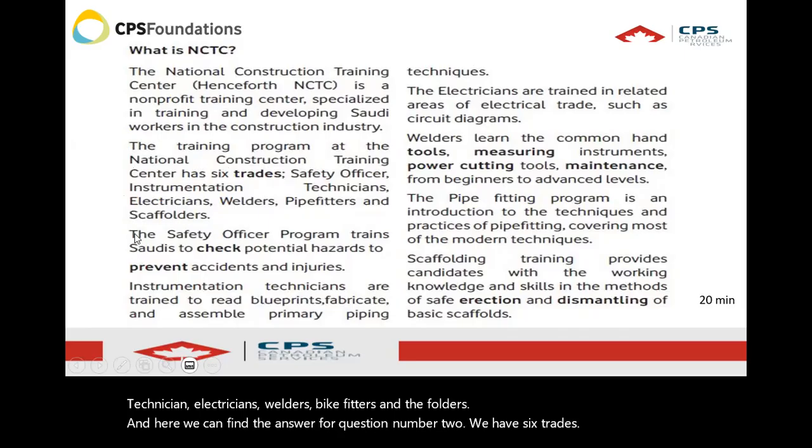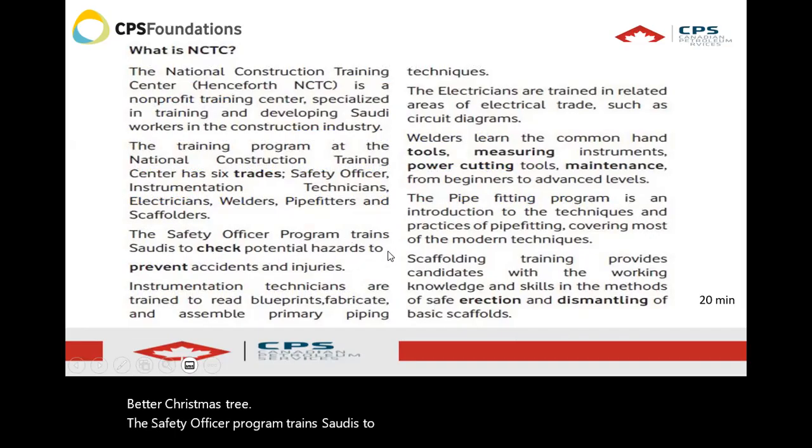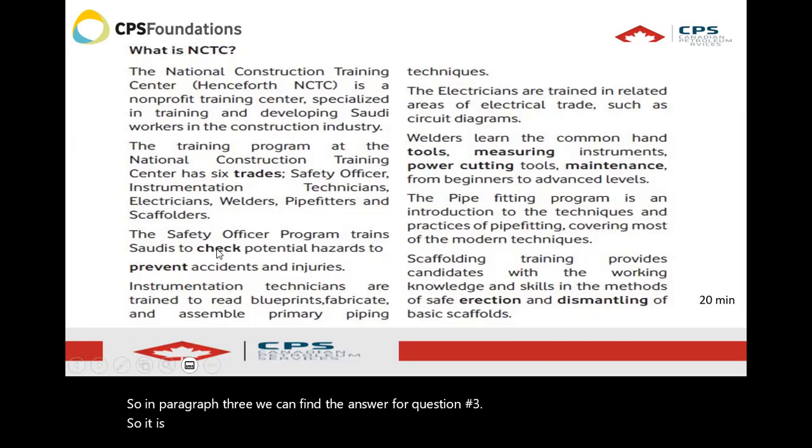Paragraph number 3, the safety officer program trains Saudis to check potential hazards to prevent accidents and injuries. So in paragraph 3, we can find the answer for question number 3. Saudis train on checking potential hazards to prevent accidents when they need to become safety officers at NCTC.